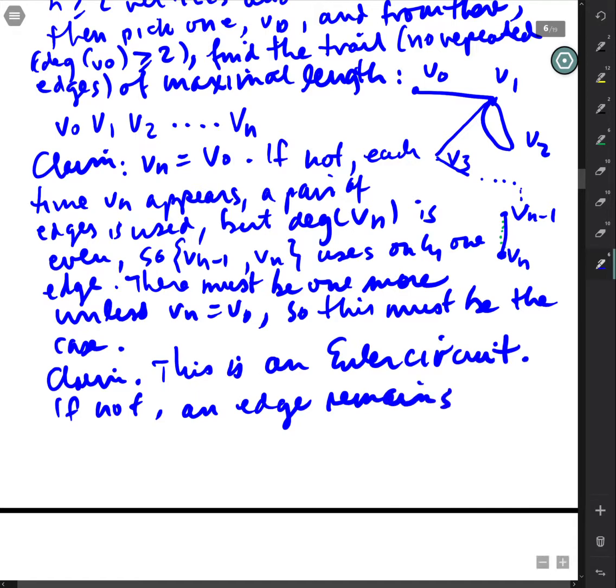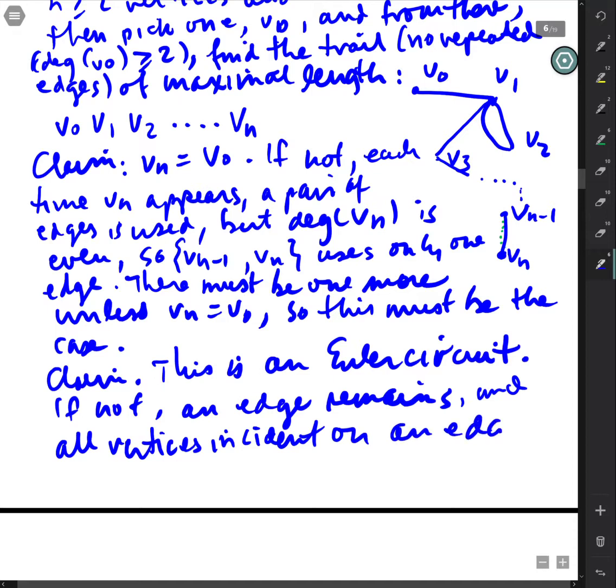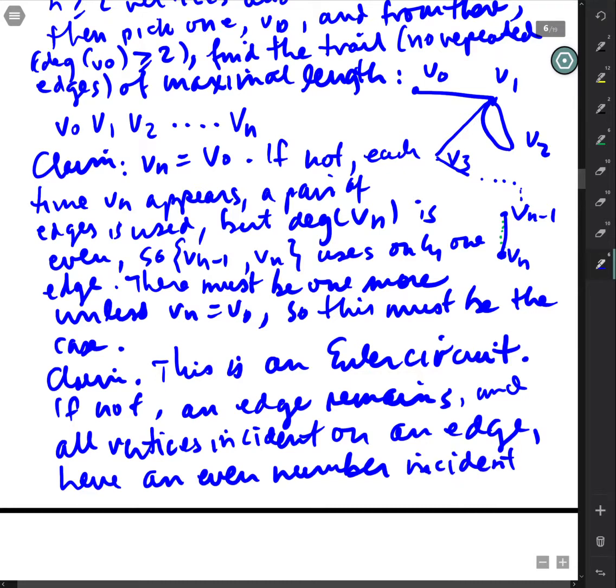So an edge remains, and all vertices incident on an edge have an even number of edges incident on the vertex. Why is that?